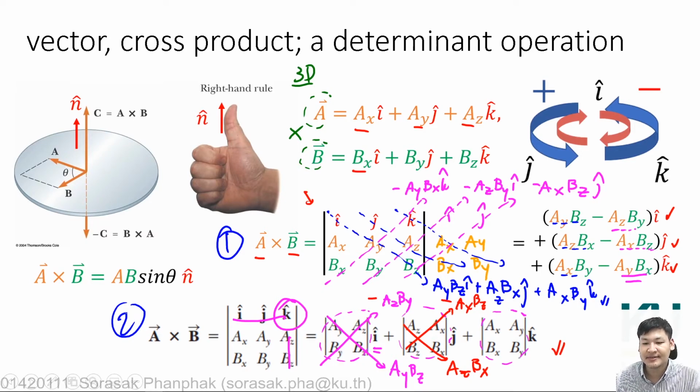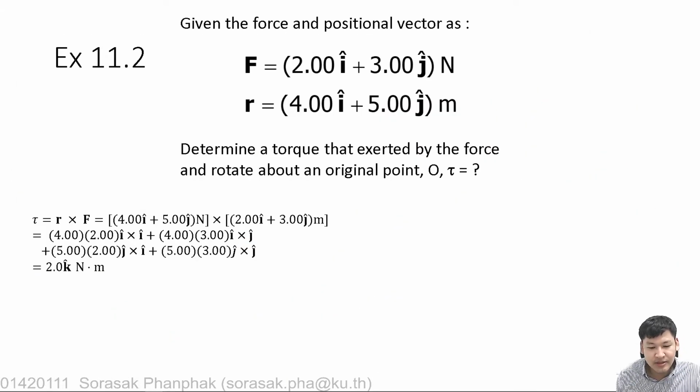Now let's look into this problem and how we can find the torque using the way that I propose, using the vector operations or cross products between R cross F. So as you have known, you can do the distributive on all these terms.